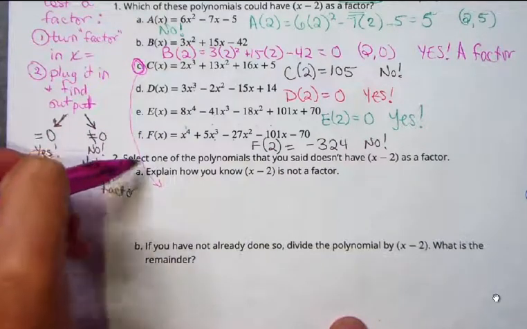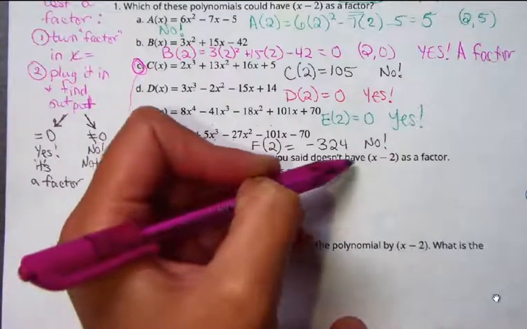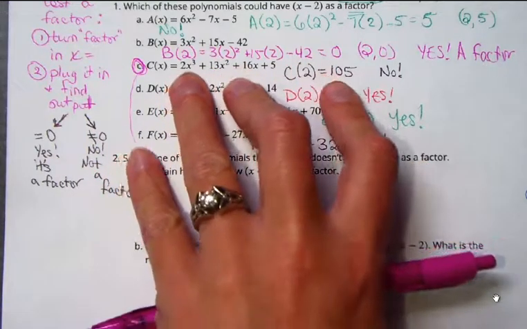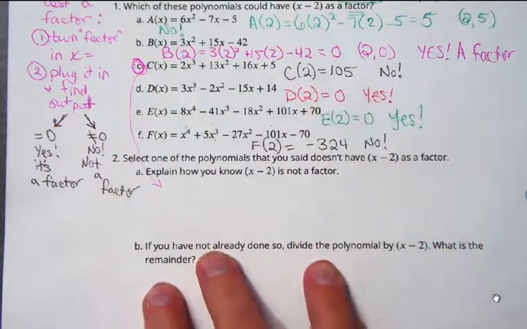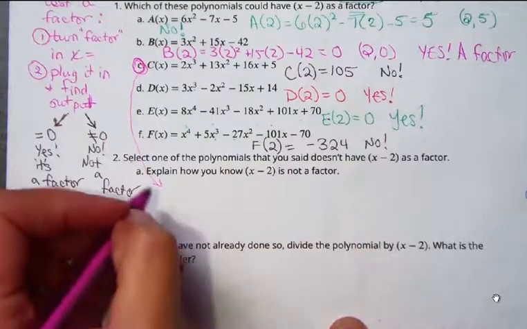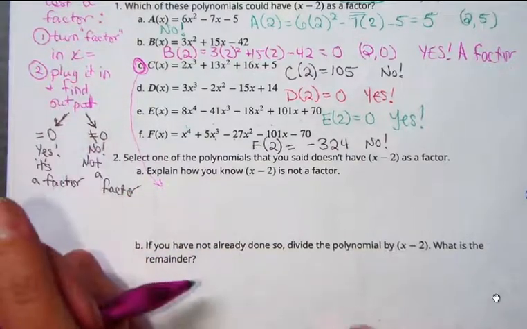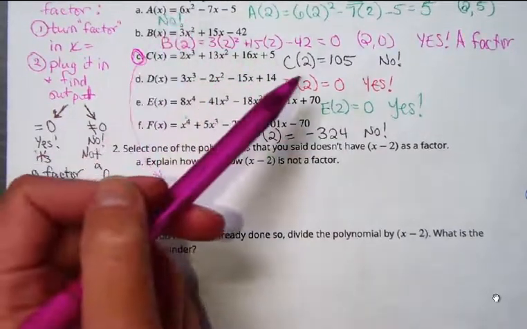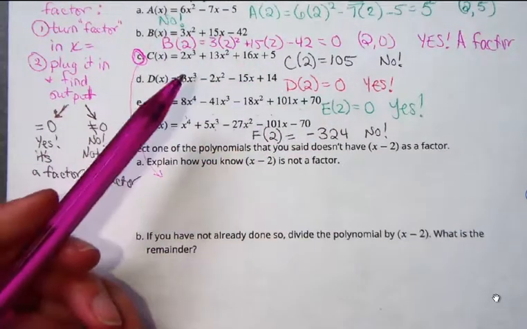It says to select one of your polynomials that doesn't have x minus 2 as a factor. C does not. We know it's not a factor because when we plugged in positive 2, what we suspected to be a 0 of the graph, the output was not 0, so it's not an x-intercept.